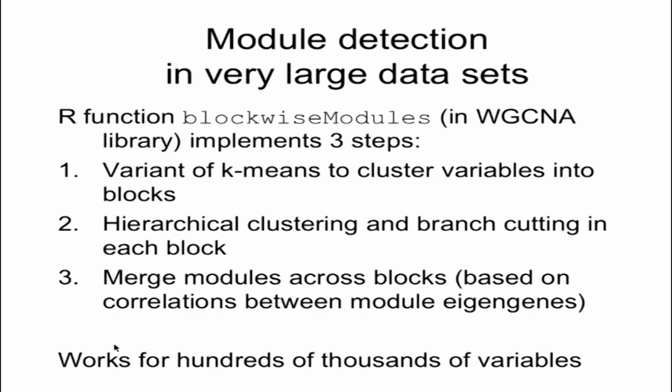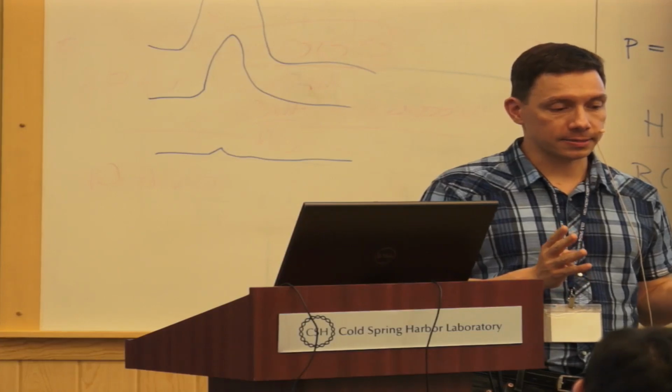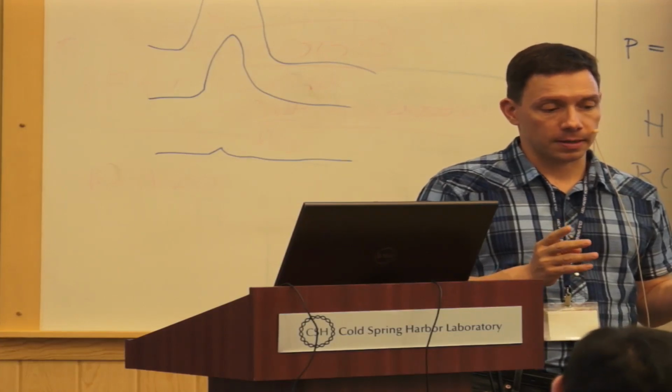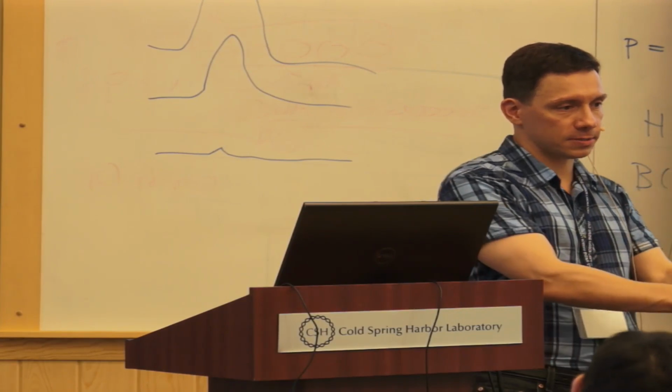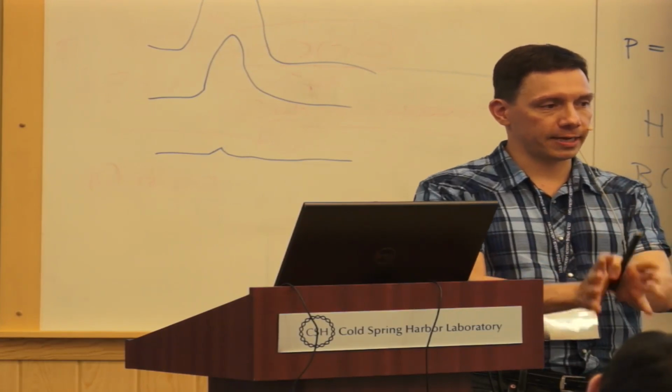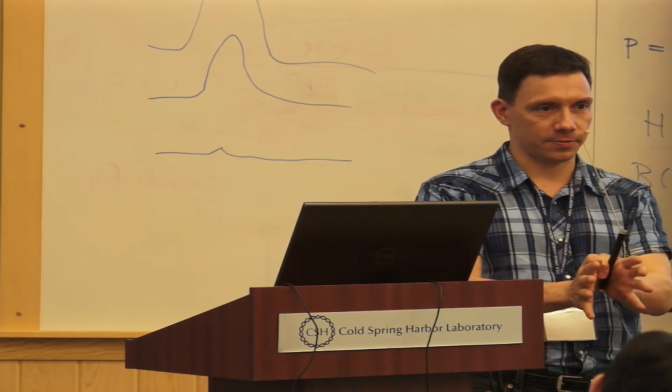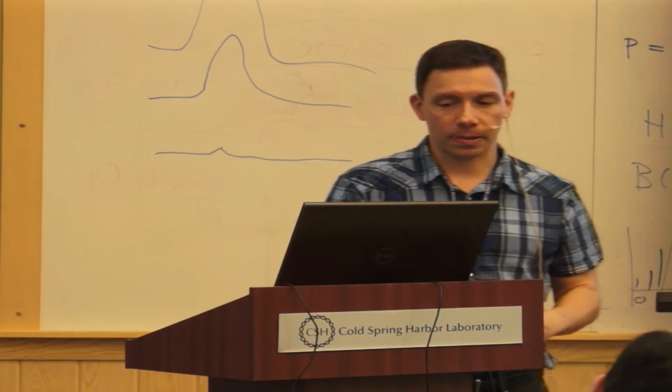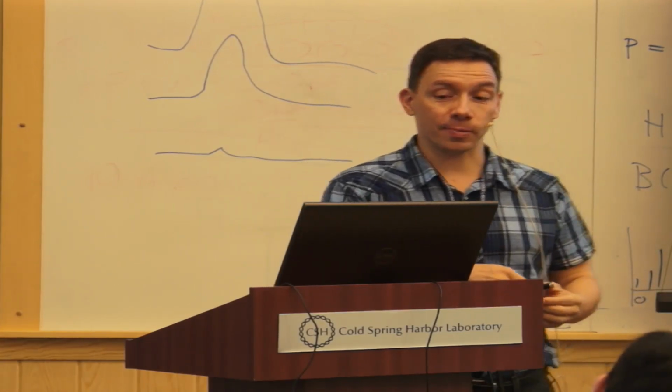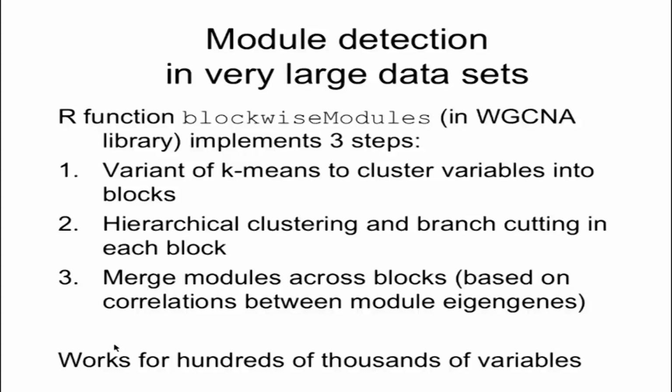In step number 1, it would cluster these into 50 blocks, where each block contains 10,000 variables, right? And that's where the name comes from, blockwise. So it splits it into 50 blocks of 10,000 variables each.